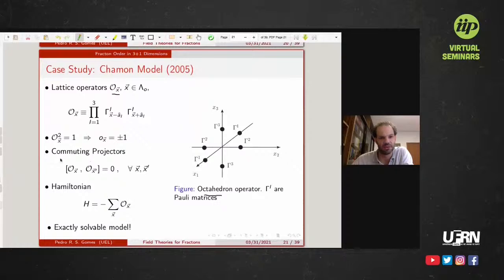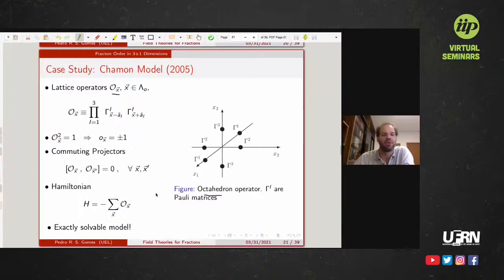We used to say this as commuting projectors. And then the Hamiltonian is simply defined as a sum of all these operators. So we can find the eigenvalues for all of these operators simultaneously. This is an exactly solved model.